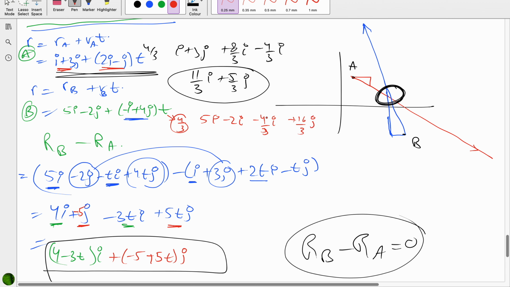So 5 minus 4 divided by 3 is 11 by 3 i, and 16 by 3 minus 2 is 10 by 3 j. So we're getting a different position, so they do not collide.